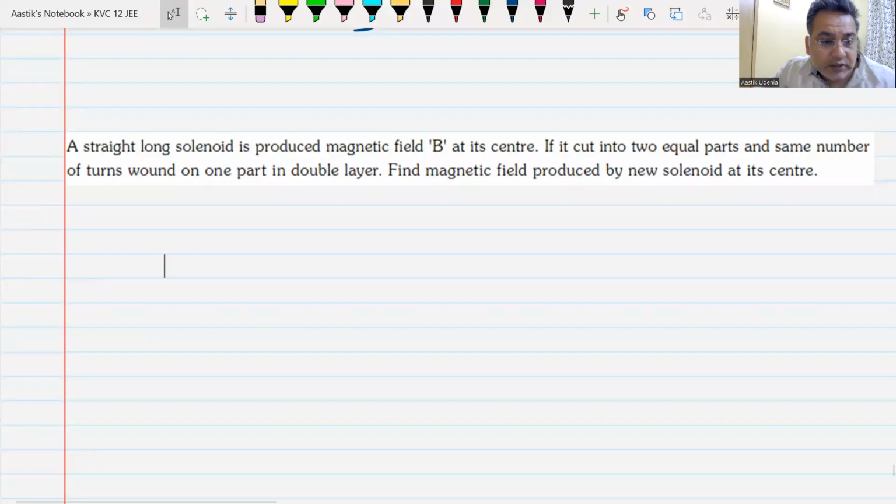I don't have time. A straight long solenoid produces a magnetic field B at the center. Straight long means it is infinite. It is cut into two equal parts and the same number of turns are wound on one part in double layer.